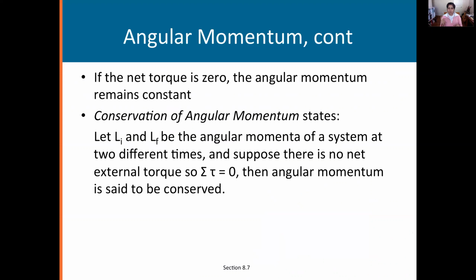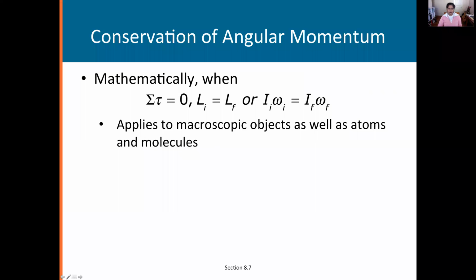So if an object is rotating, and its angular momentum at some initial time is, let's say, Li, and its angular momentum at some other time, our final time, is Lf, then provided there's no net external torque, we should have Li equals Lf. Yeah, that's the meaning of conservation of angular momentum. The key thing is we must have no net external torque. So mathematically, sum of torque equals 0, then my initial momentum equals final momentum.